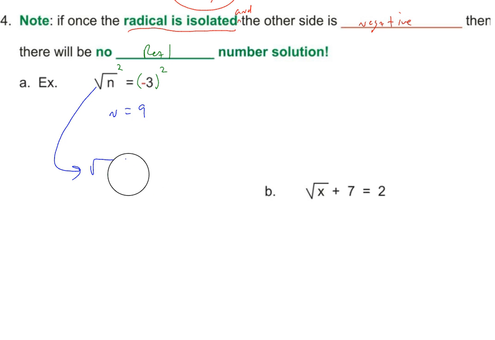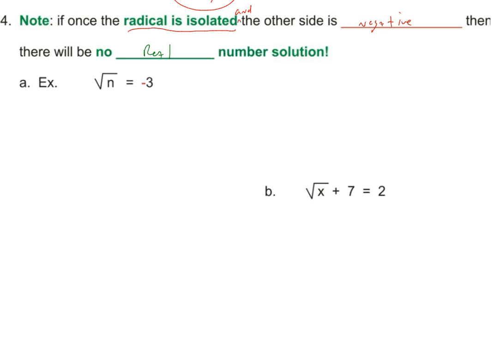This is technically what you would do. Now, I know you can't erase, I'm going to, so just watch. So you're coming across this problem. You study your notes and you review, and before a quiz you read number 4 that says, notice, if once the radical is isolated and the other side is negative, then there is no real number solution.